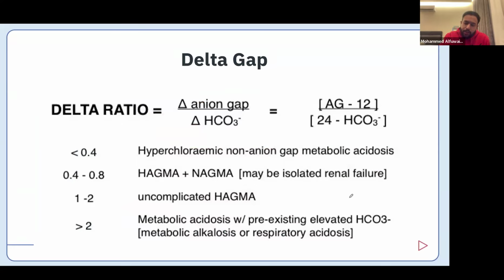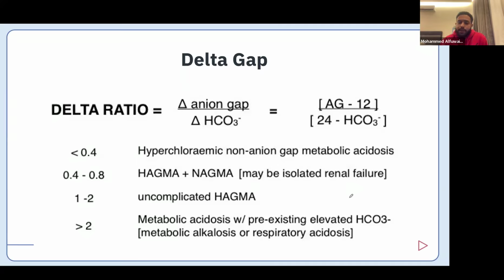Now, the final thing before we go into scenarios and try to calculate it together is something called the delta gap. This is very advanced, and it wasn't explained properly at all. In a patient you've established has metabolic acidosis, and specifically high anion gap metabolic acidosis, the next step is the delta gap.